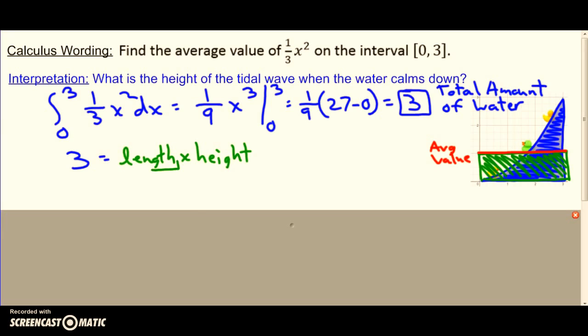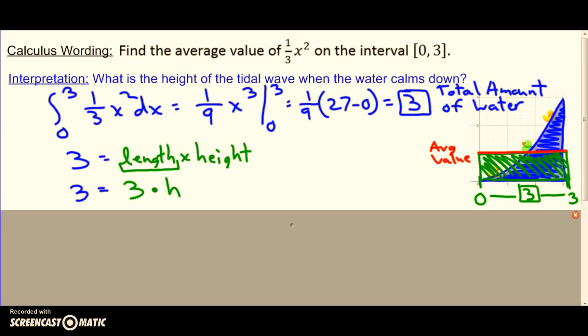That length is from the right bound of 3 to the left bound of 0. That width is 3. So I have it as the total amount of water is 3. I know the length is 3, and I'm trying to find the height.